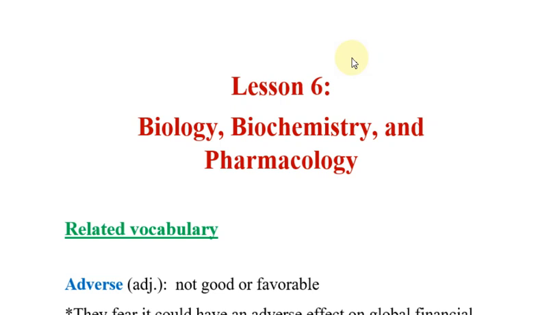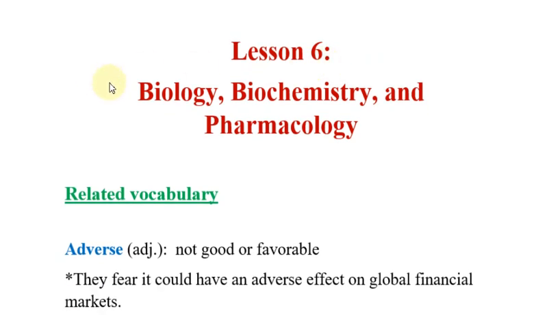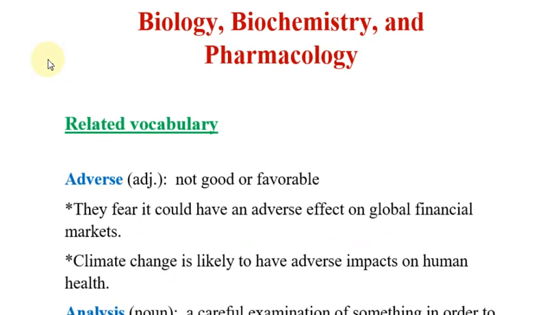We also worked on the most important vocabulary items of lesson 6, but as I told you before, these are not all the words. You need to read the text, read the whole pages, and see if the lesson has some more words or vocabulary items for you.